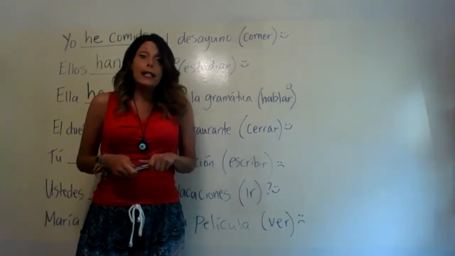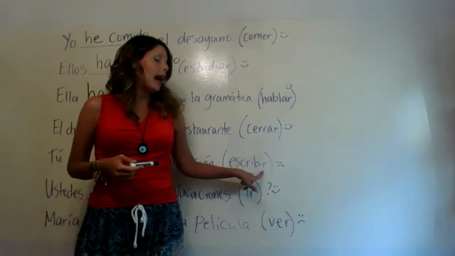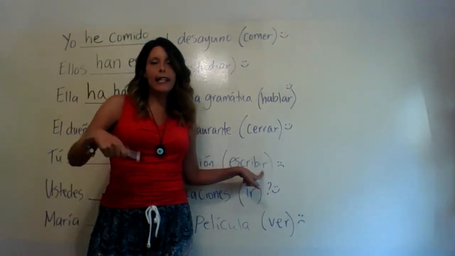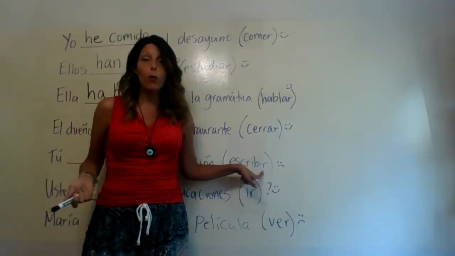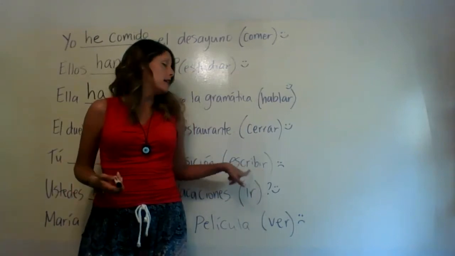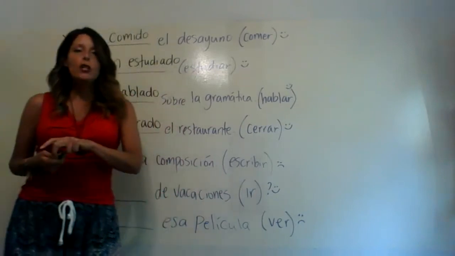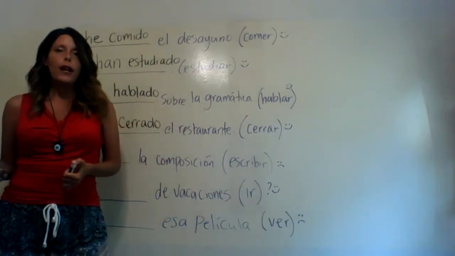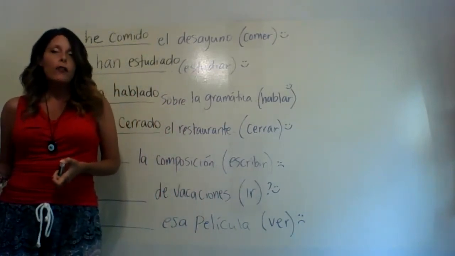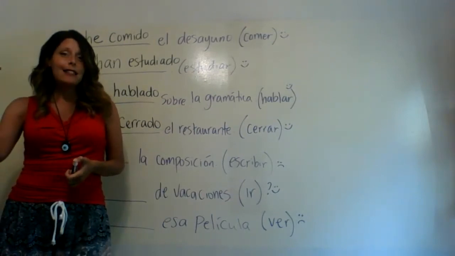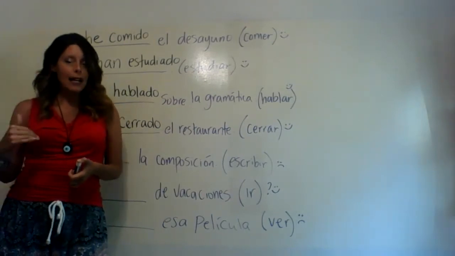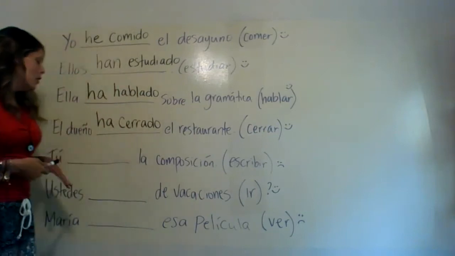So we will not be able to just chop off the IR and add IDO, because if we did that, it wouldn't be a word. We would just have to memorize the irregular participle for the verb escribir. But you can help me to figure out what is the appropriate auxiliary verb or helping verb, has, hemos, han, for this sentence.